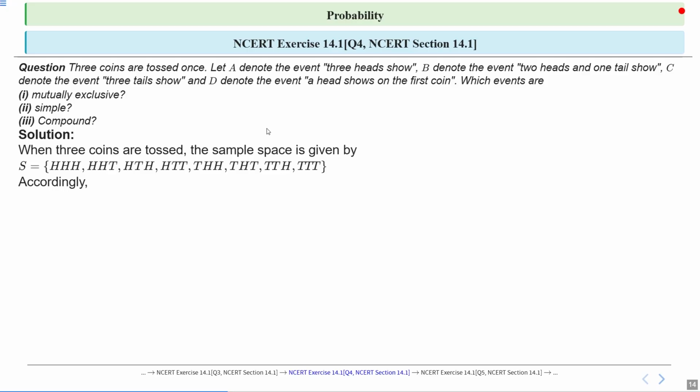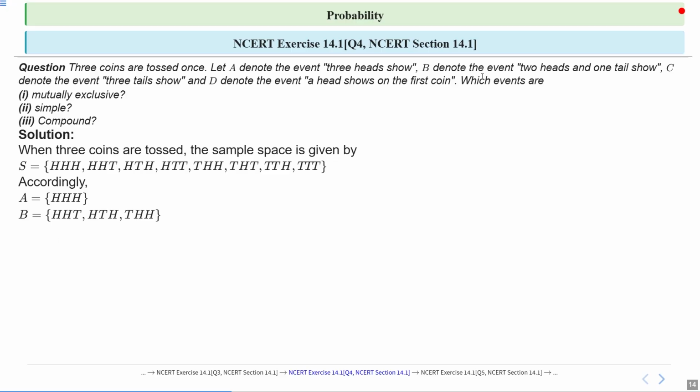Accordingly, event A denotes 3 heads. So event A describes the set {HHH}.